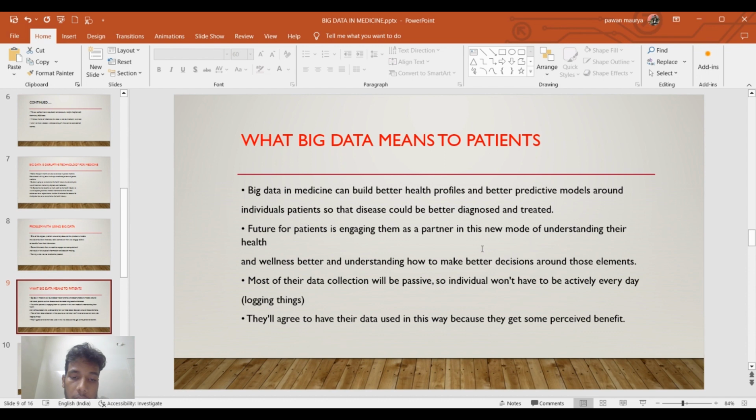Most of the data collection will be passive, so individuals won't have to actively log things every day. They will agree to have their data used in this way because they get some perceived benefit.